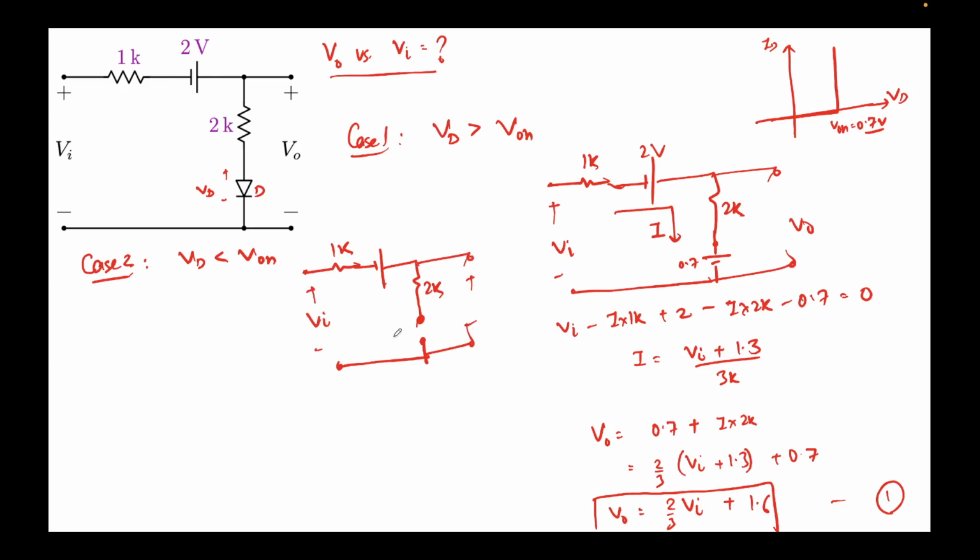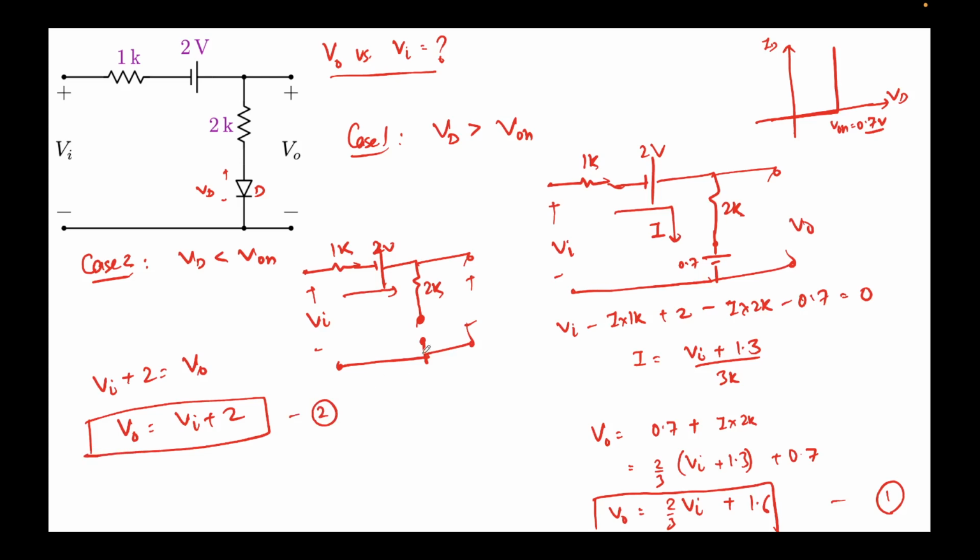Clearly no current is flowing over here. If you write KVL in this loop, we can simply say that Vi plus 2 equals V naught, and thus V naught equals Vi plus 2. This will be my second expression.